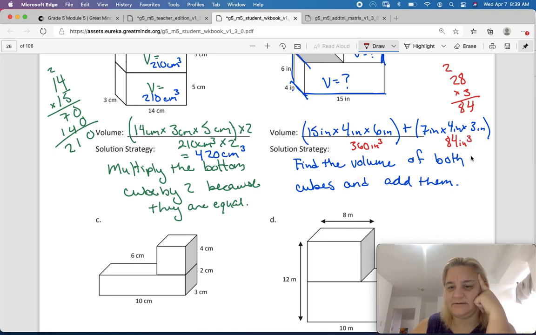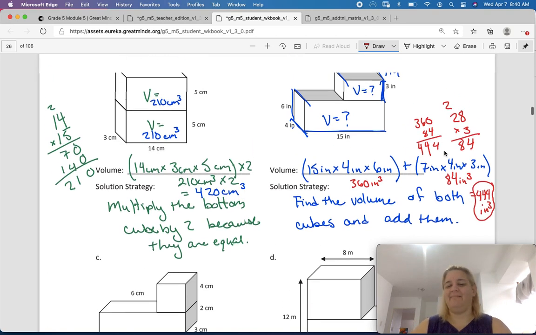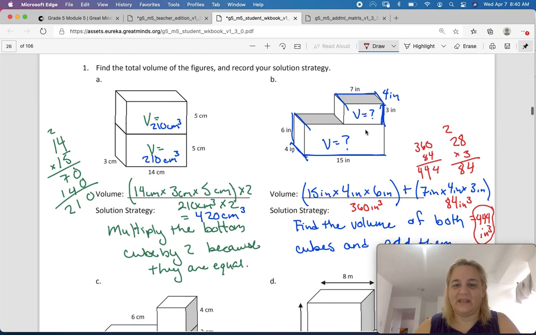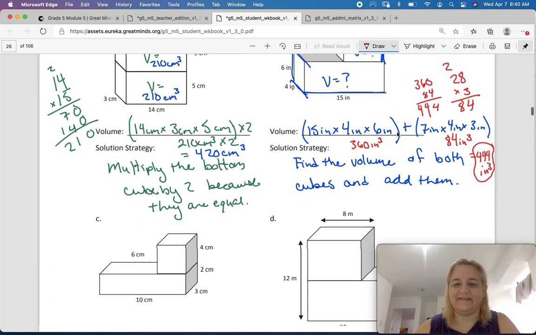So my total is 360 plus 84, which is 444 inches cubed. Don't forget the label. Okay? And I knew I was going to run out of space there. It just feels like they didn't give us enough space.